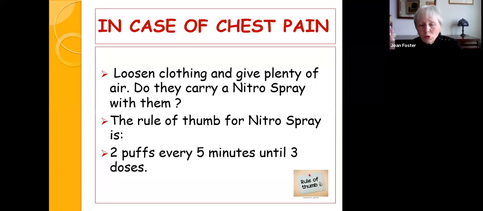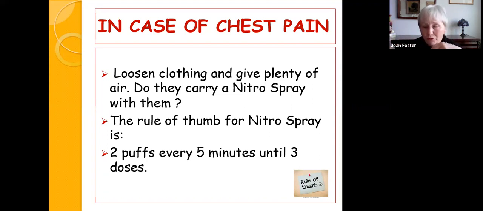Now, the rule of thumb for nitro spray is 2 puffs under the tongue. So the tongue goes up and 2 puffs, 1, 2, every 5 minutes for a maximum of 3 doses. If that pain has not gone away after the 3rd time, then definitely you call 911.